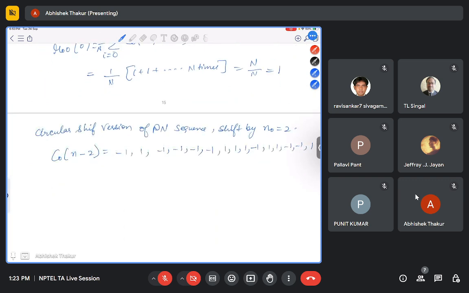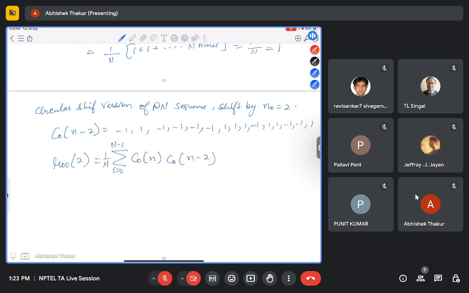Now let's suppose the correlation of this sequence with a shift of 2 units will be C naught of n into C naught of n minus 2. So here n is 15.